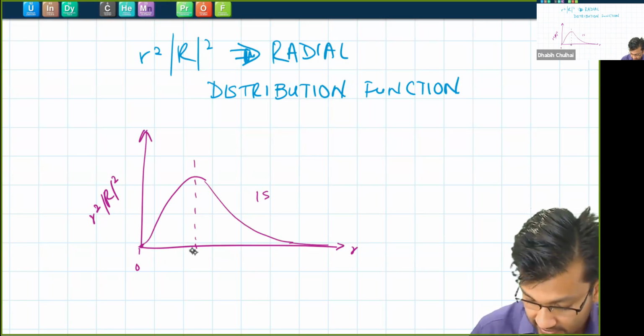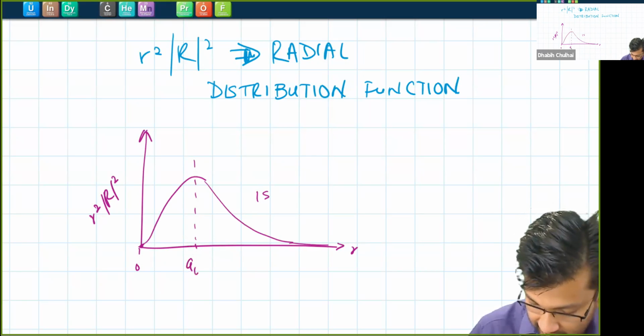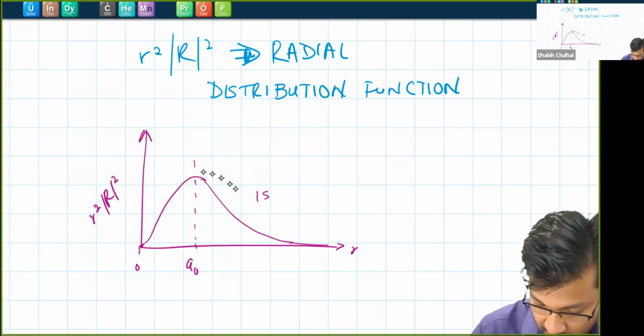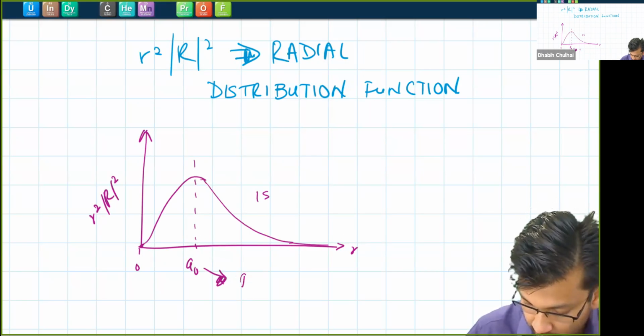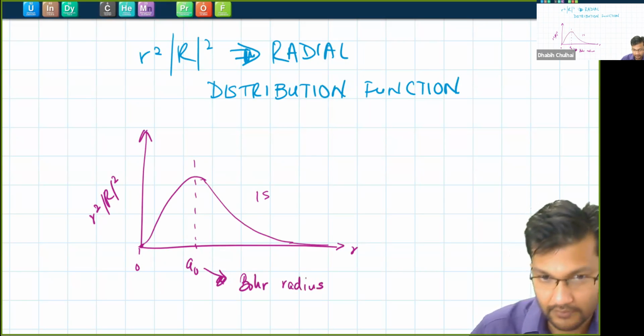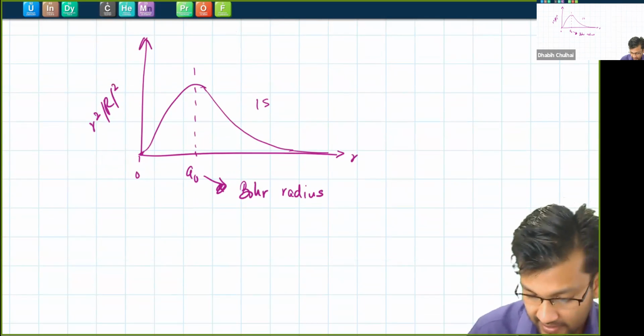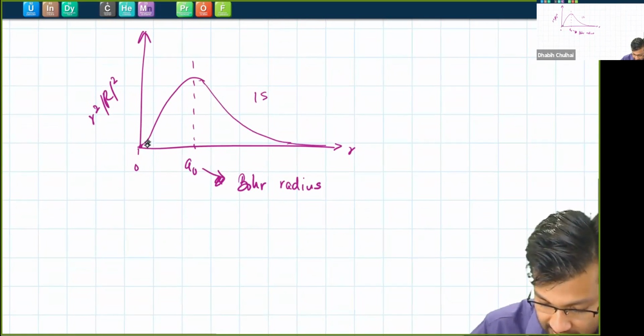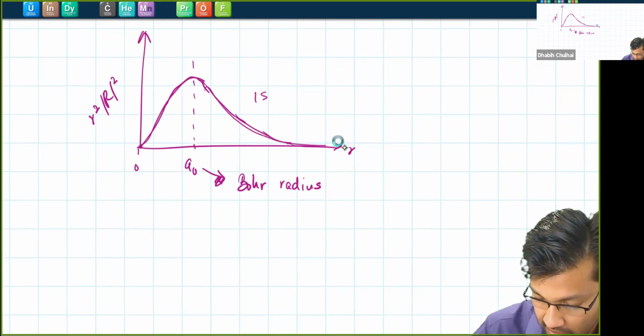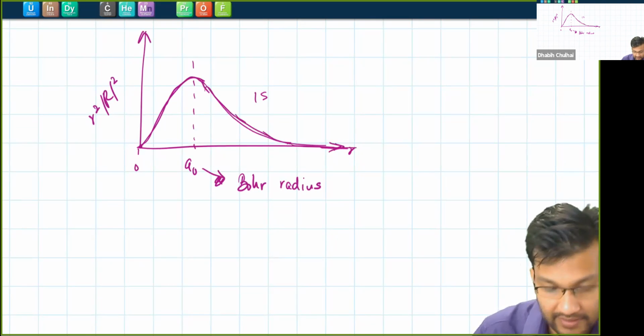Here we said that the most probable location for a 1s electron for a hydrogen is called the Bohr radius. It's the most probable location for an electron. But like we said, the electron still has a probability of being almost anywhere else. It goes all the way out to infinity, kind of like that.